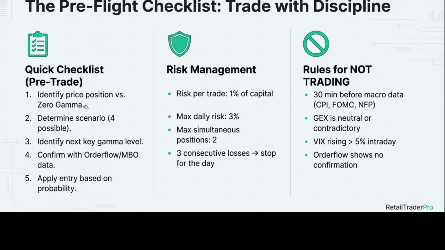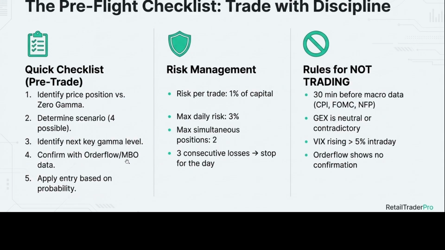Where is the price versus the zero gamma level? Second, determine the scenario. Which of the four scenarios applies to my trade? What do I have to do when I see that type of scenario? Third, identify the next key gamma levels. Then confirm with order flow and MBO data.